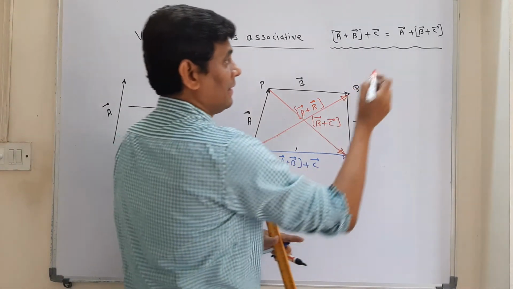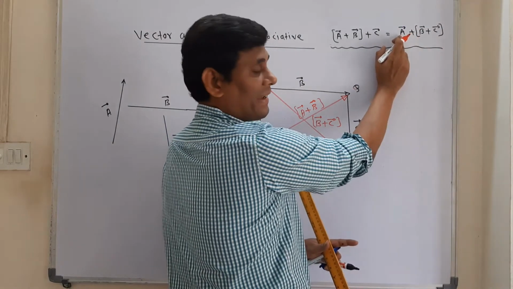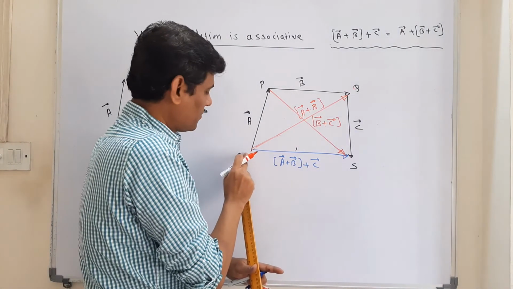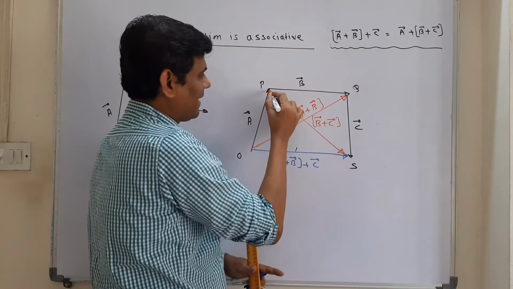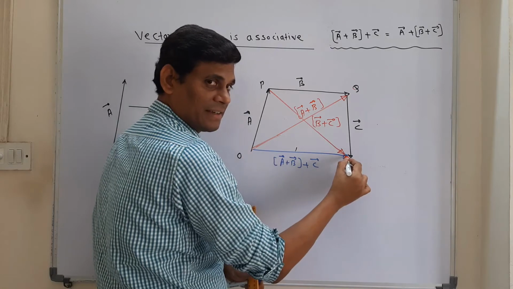Done? Then with B plus C, what do we have to add? Vector A, but vector A is already there. So this is vector A, already in the diagram, and B plus C is also there. So this is vector A and this is B plus C. So the resultant is represented by the same thing.